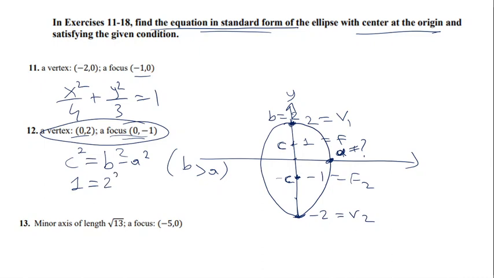B squared is 2 squared, and we don't know A squared, so A squared will be equal to 4 minus 1, which is 3.